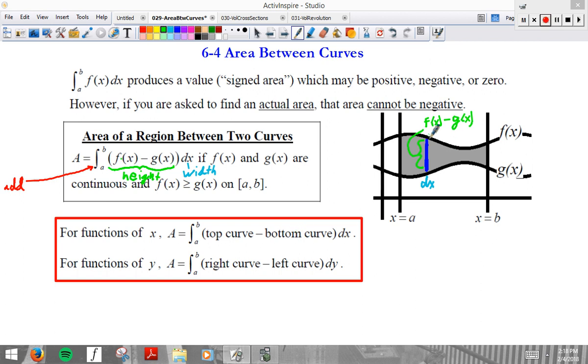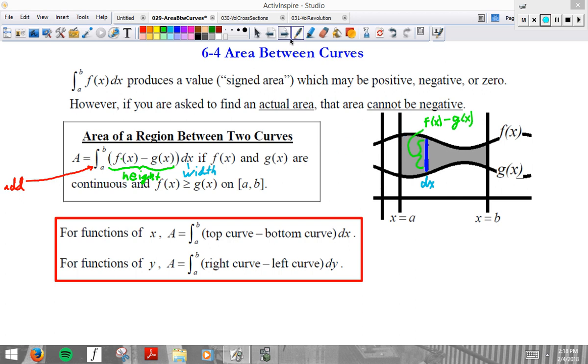To be clear, if this was 5 and this was 2, that would ensure we're doing 5 minus 2, not 2 minus 5, which would be what you would get if you did g of x minus f of x. If we're doing functions of y, we might want to do a right curve minus a left curve because the rightmost x value is larger than the leftmost x value. This is the same thinking for this picture, just tilted.